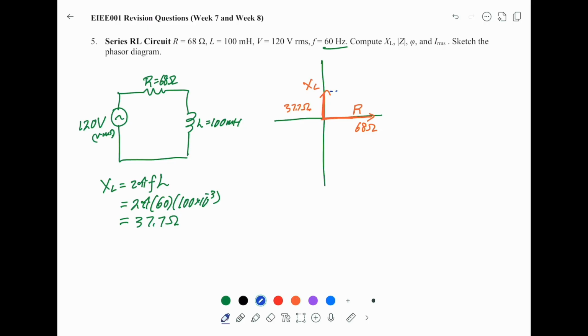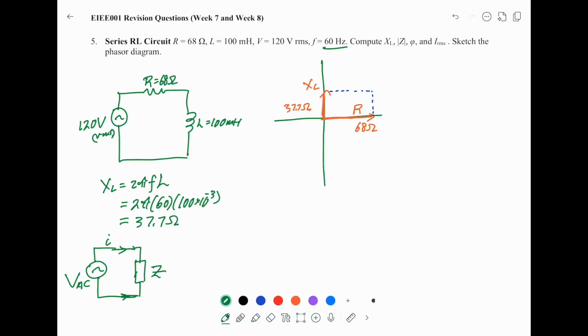Now if you add these two together, considering the AC source, when you combine the resistance and the inductance together, it will have a complex component. So this is VAC, this is the current.